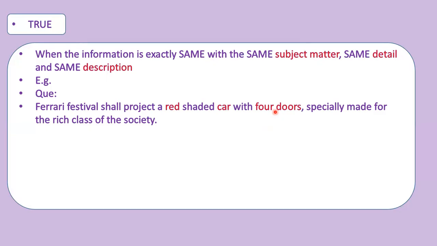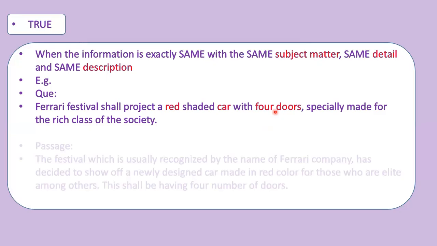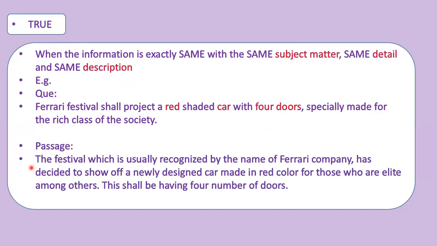Now we are going to move on to the passage. This is the text from the passage, and we see that the festival, which is usually recognized by the name of Ferrari company, has decided to show off a newly designed car made in red color for those who are elite among others. This shall have 4 doors. So I can clearly see that this passage text is talking about a car, right?